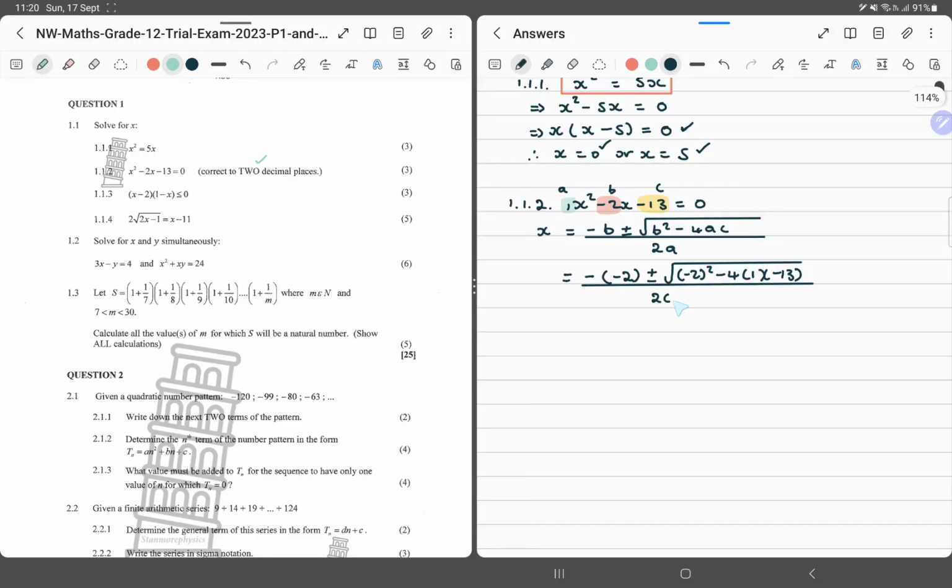We're dividing that by 2 into 1. At this point, I don't waste time here. You can clean it up a bit, it's up to you, but it's time consuming. If you can handle it, just do it. If you can't handle it, then don't do it, okay? It's as simple as that.